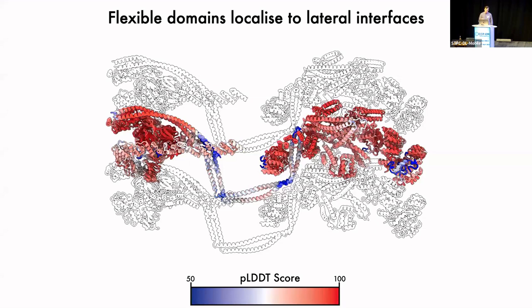So this is the estimate that AlphaFold gives you on a per residue basis of its confidence of the conformation in each residue. So by and large, we can take this as an estimate of the flexibility in these different regions. And so blue would be lower confidence, higher flexibility, and red is vice versa. And so I think what we realized is that the lateral interfaces tended to have the highest amount of flexibility.